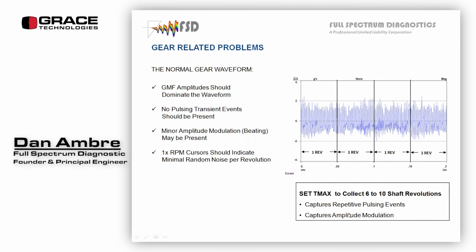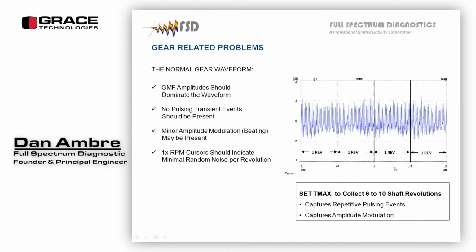Okay, key thing here, set the time max to collect 6 to 10 shaft revolutions. There's an equation for that, and I don't think I included it here, but you just calculate how long it is to go 1 revolution, which you see here, and multiply it by 6 to 10. And that's the time waveform that you want.